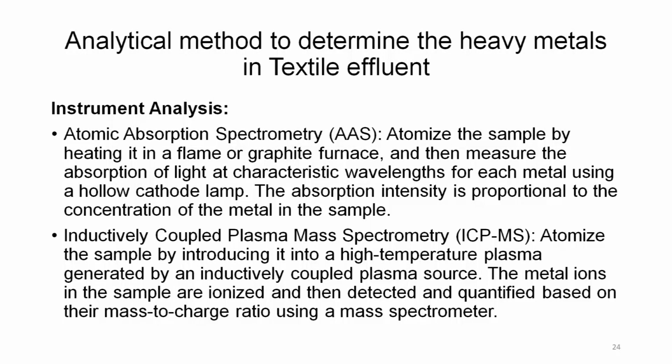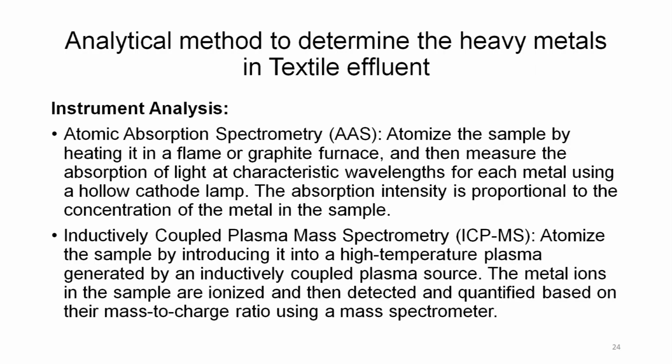The absorption intensity is proportional to the concentration of the metal in the sample, and this follows Beer-Lambert's law completely. Those who understand Beer-Lambert's law will know that absorption of light is directly proportional to the concentration of the ion.